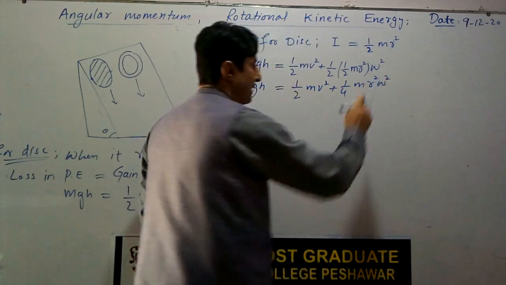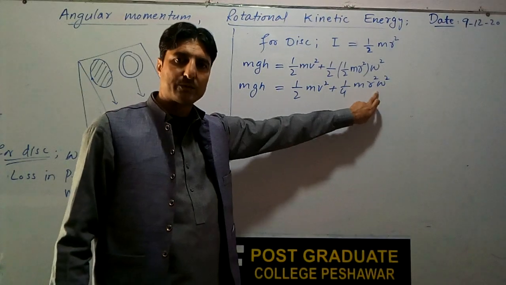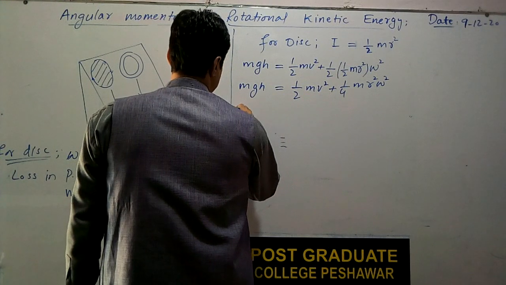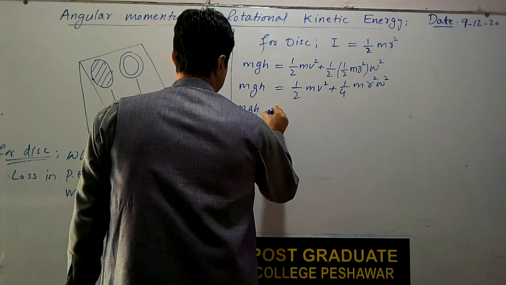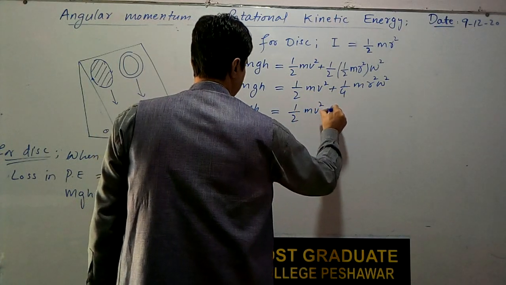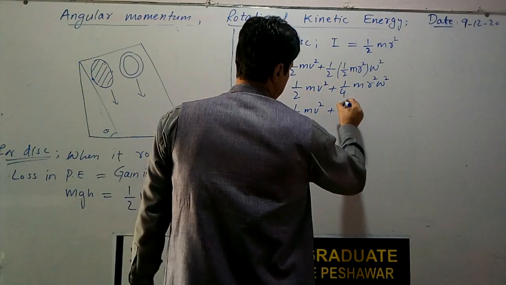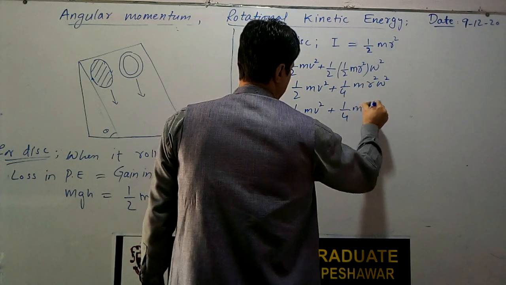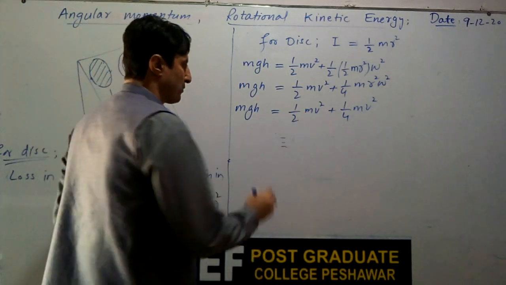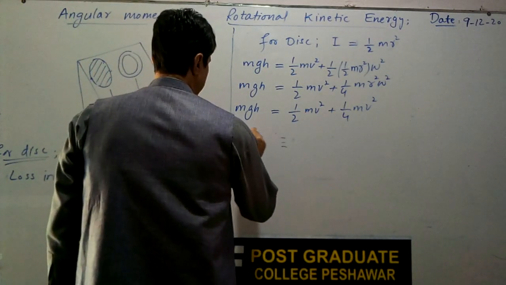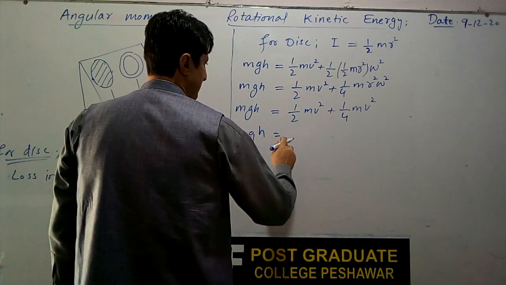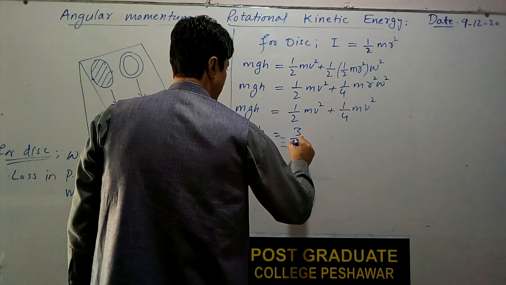This r square omega square is equal to v square, because v equal to r omega, so r square omega square equal to v square. So we get mgh is equal to 1 divided by 2 mv square plus 1 divided by 4 mv square. Adding these two, 1 divided by 2 plus 1 divided by 4 equal to 3 divided by 4. So adding these two, we get mgh equal to 3 divided by 4 mv square.